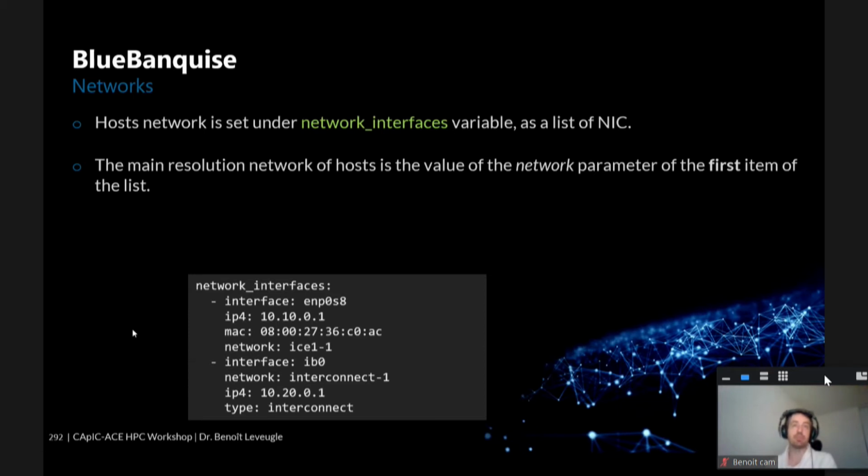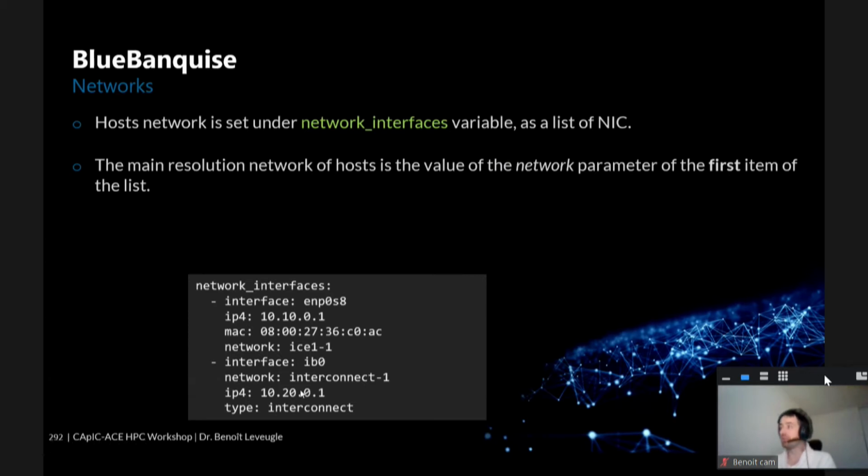So you need to handle a lot of network interfaces. So you just list them here. What you need to know is that the list order is important. In YAML and in Jinja, the list order is preserved. So when you iterate over network interfaces, the first item will be this one, the second item will be this one, etc., etc.